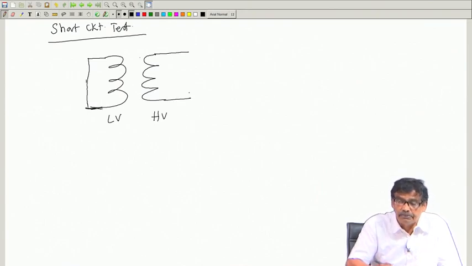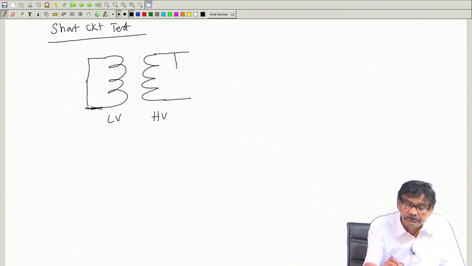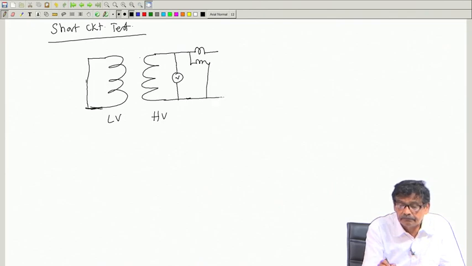And here I will connect once again those 3 meters. One is a voltmeter you connect, another is a wattmeter you connect, and also connect an ammeter.